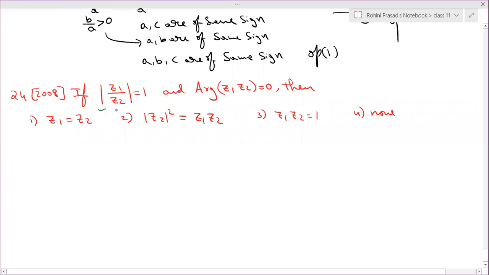When they told that mod of Z1 by Z2 equal to 1, that is mod Z1 by mod Z2 equal to 1, that implies mod Z1 equal to mod Z2. So let the equal magnitude be R. Let us assume that they have different arguments, theta 1 and theta 2.